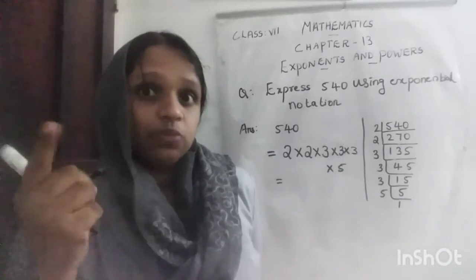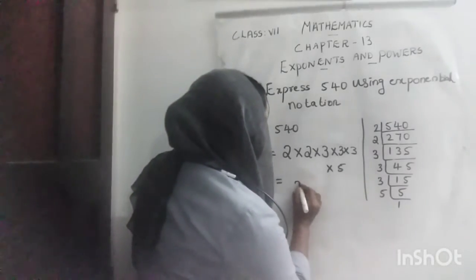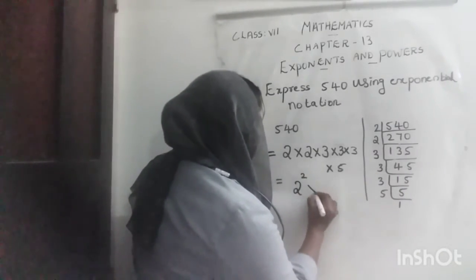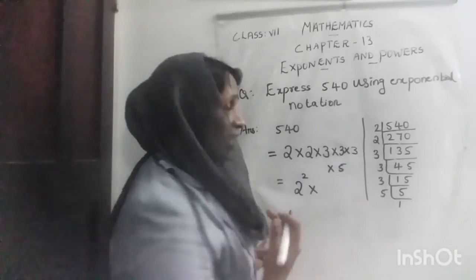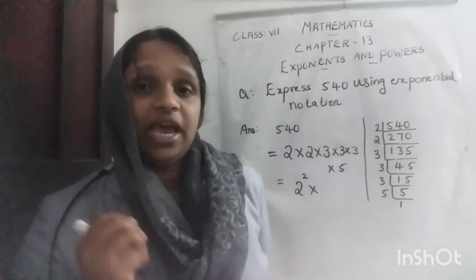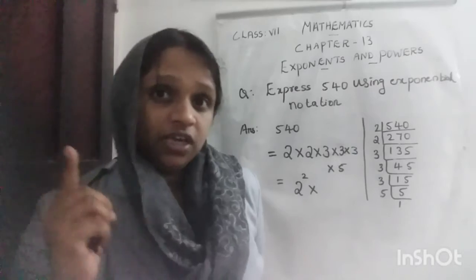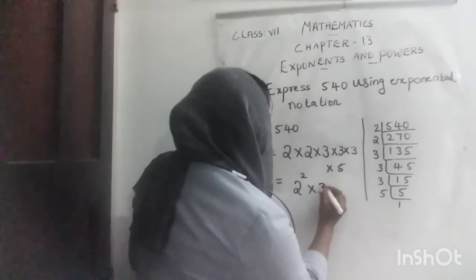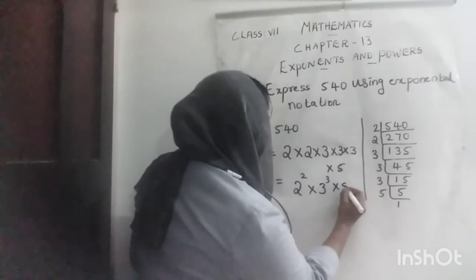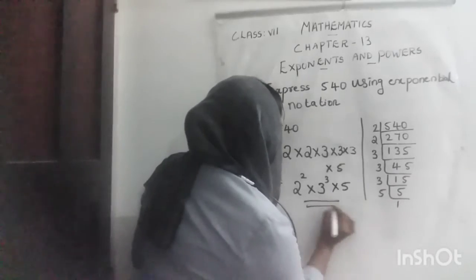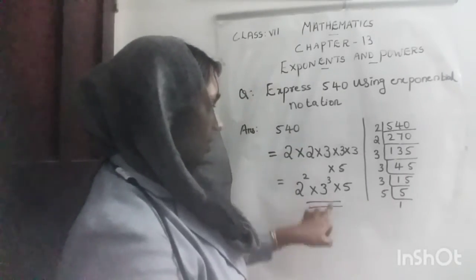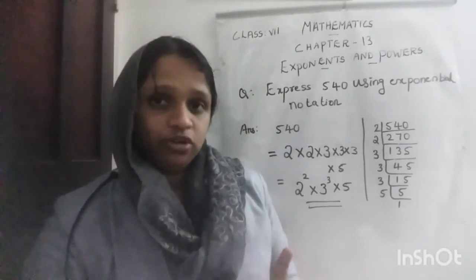We want to write in exponential form. So we can write it as 2 raised to 2, into 3. How many times is it repeating? Yes, 3 times. So we can write 3 raised to 3, and finally into 5. Like this we can write 540 in exponential notation.